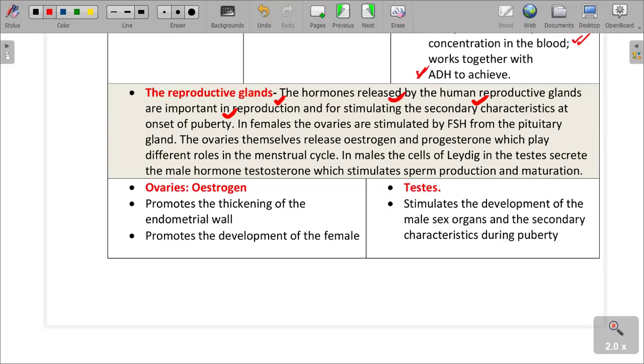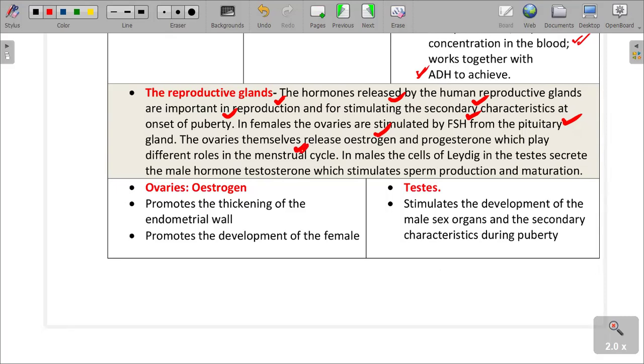In females, the ovaries are stimulated by follicle stimulating hormone from the pituitary gland. We talked about that. The ovaries themselves release oestrogen as they mature, and also progesterone, which play different roles in the menstrual cycle.